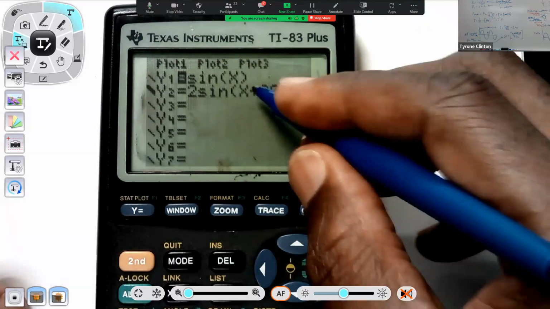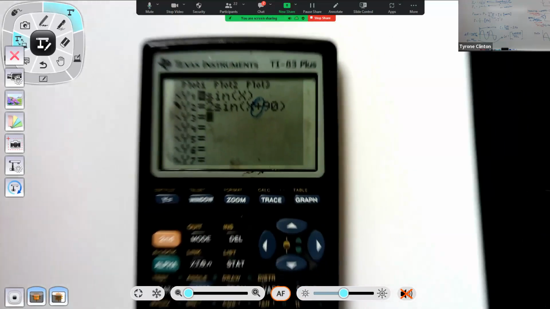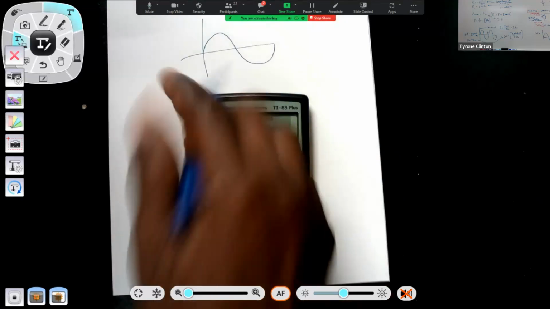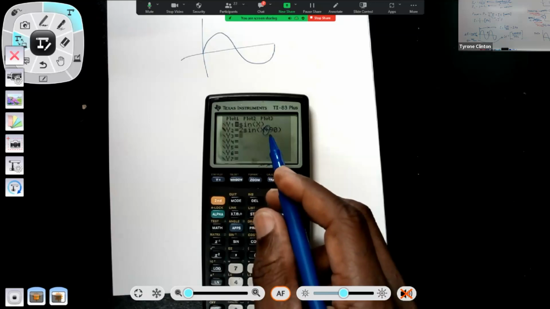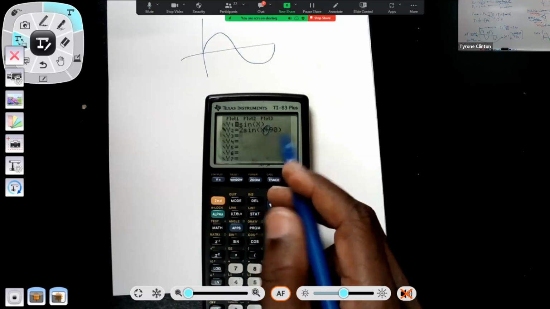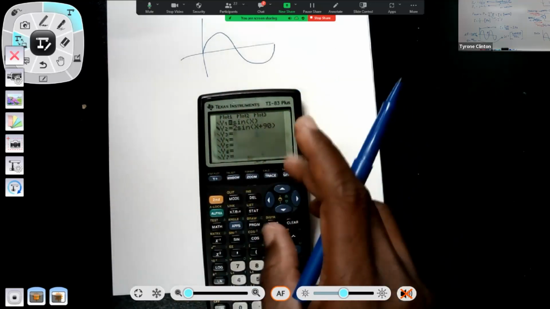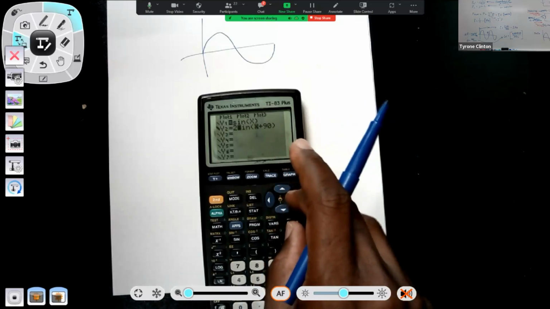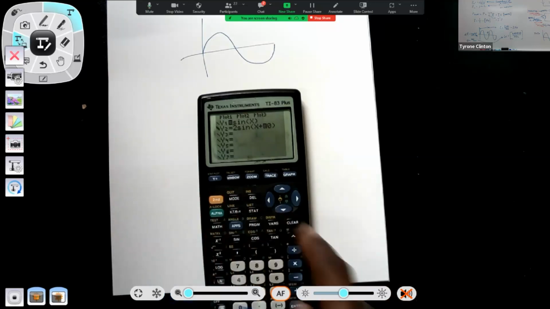This plus sign here is going to cause a shift to the left by so many units. But remember, I need to be in radians. So instead of shifting 90 radians to the left, I'm going to change that to pi over 2.